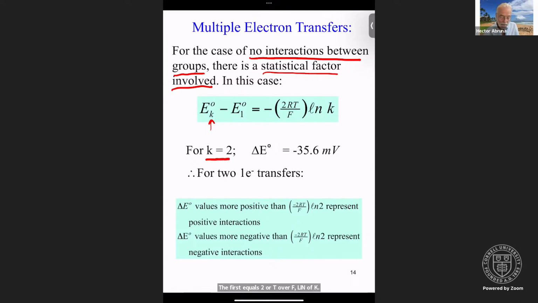Let's say if you have a system that can transfer 2 electrons, that delta E value is minus 35.6 millivolts for 2 one-electron transfers.